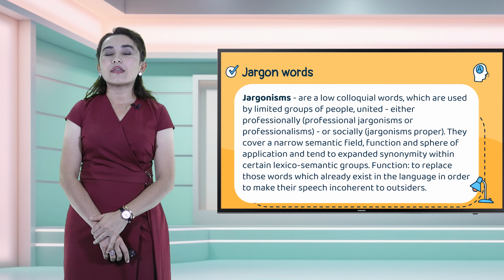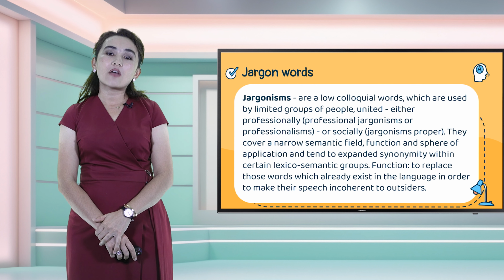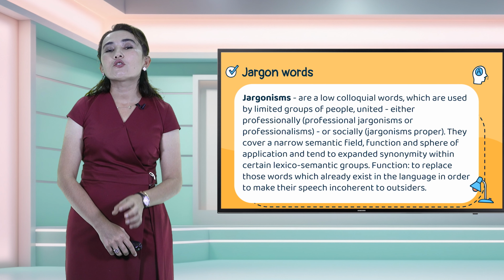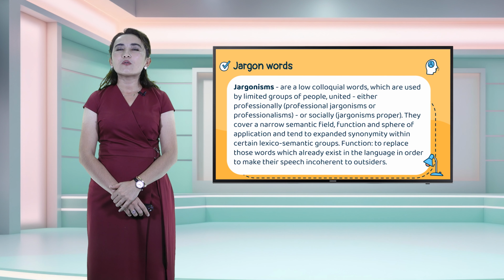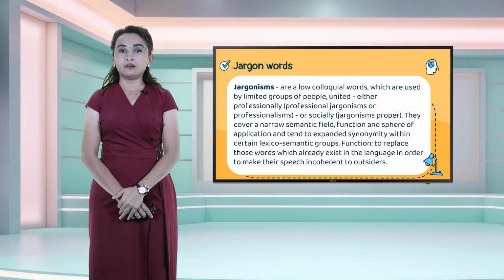They cover a narrow semantic field, function, and sphere of application, and tend to expand their synonymity within certain lexico-semantic groups. Let me give you an Uzbek example again to be clear.